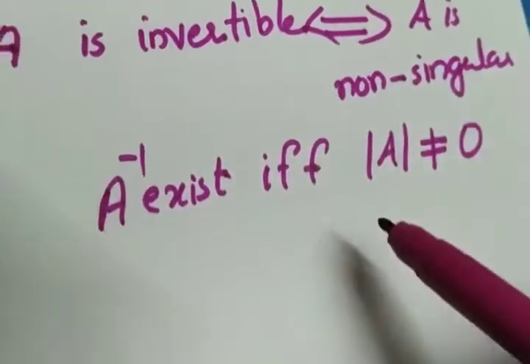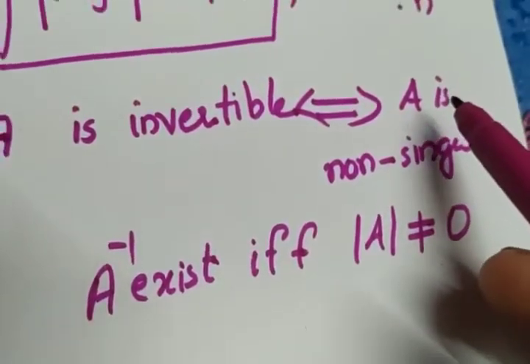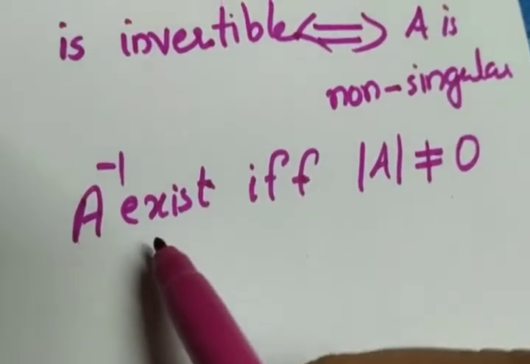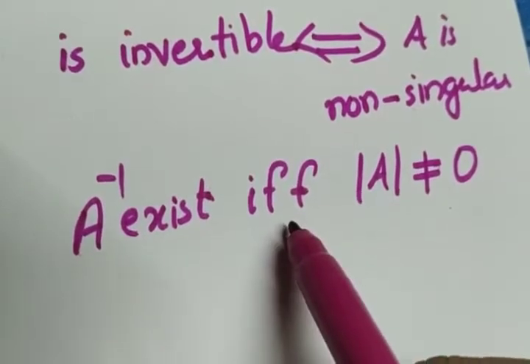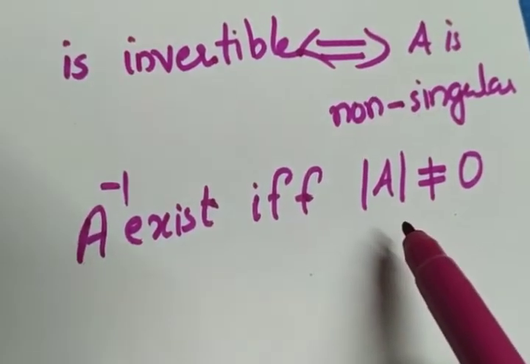The statement of the theorem implies that A inverse exists if and only if determinant of A is not equal to 0.